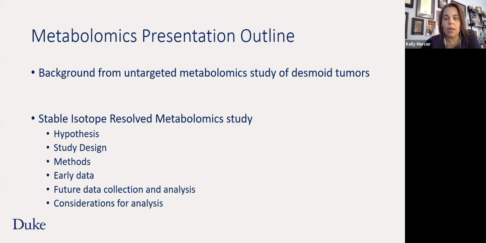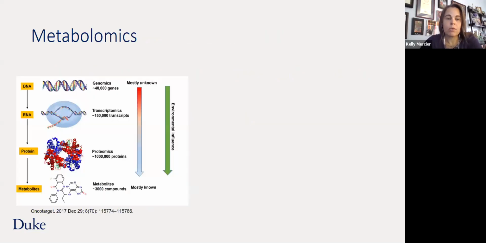So it is important to understand what metabolomics is, first of all. Five years ago, I would have had to explain the relationship between all of these molecules on the left, but it's pretty common knowledge now that metabolomics is an important technique for understanding systemic disease-associated phenotypes, in addition to any environmental considerations.